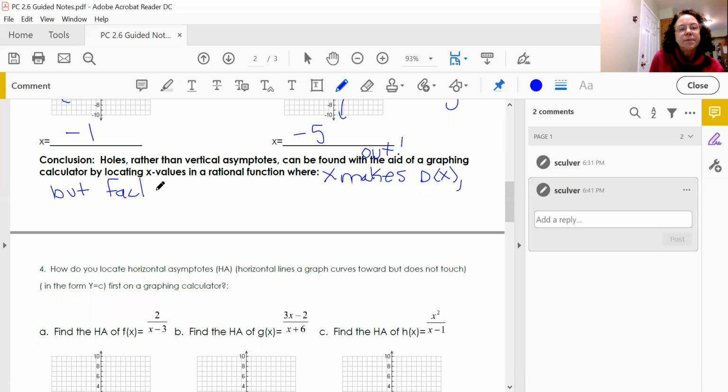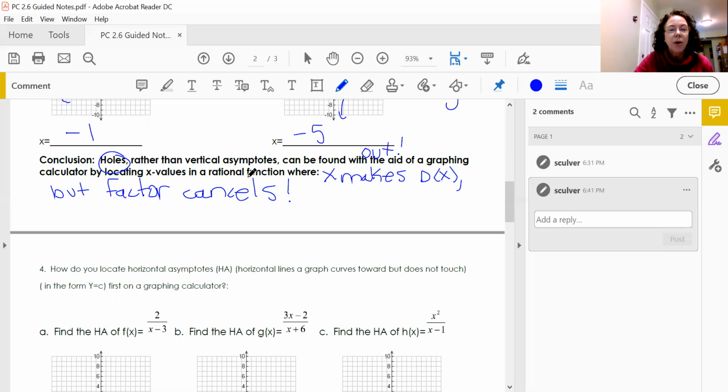So this means, in conclusion, a vertical asymptote occurs at an x that makes the denominator 0 and does not cancel. A hole occurs at an x that makes the denominator 0, but the factor cancels.